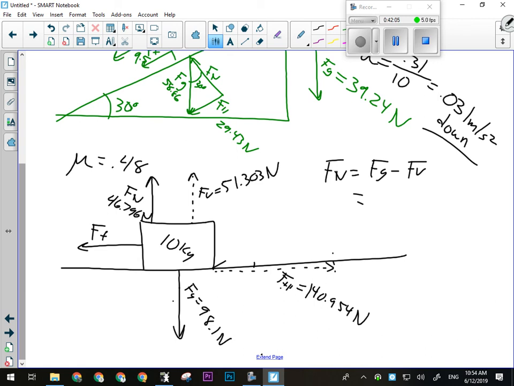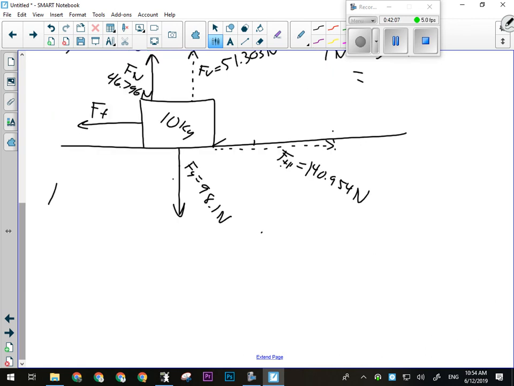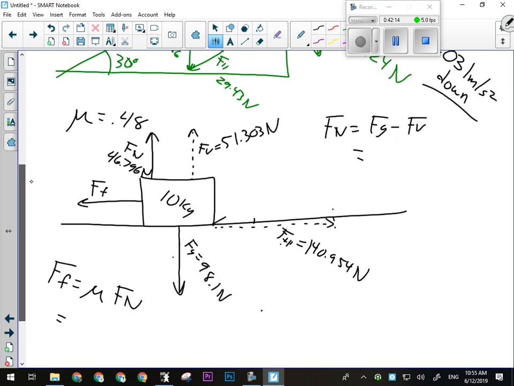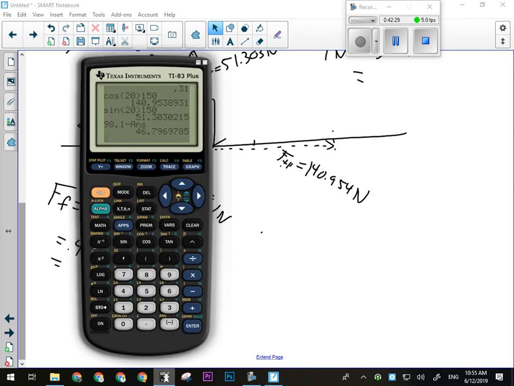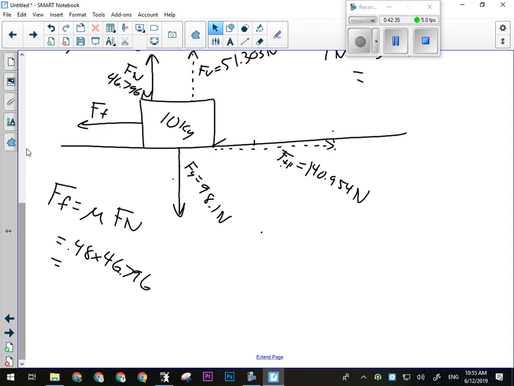So this question also incorporates what we learned about the force of friction. Force of friction is mu times the normal force, and we know that mu is 0.48 times 46.796. So this box is going to fly along the table here because there's way more force forward than there is backwards.